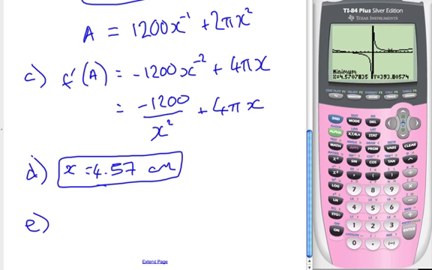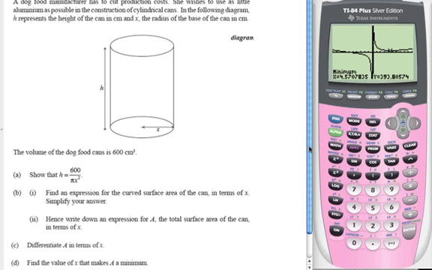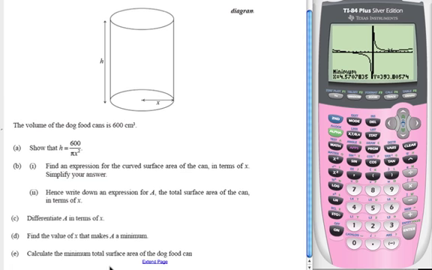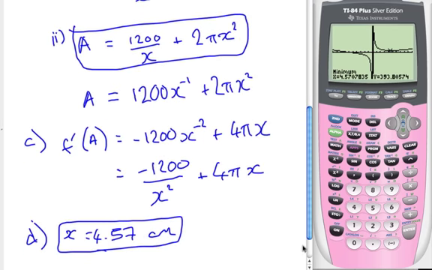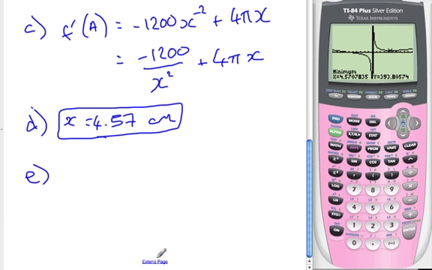Last bit, I hope. Yep, there we go. Calculate the minimum total surface area of the dog food can. Alright, well we've already got that actually. Alright, so extend the page.